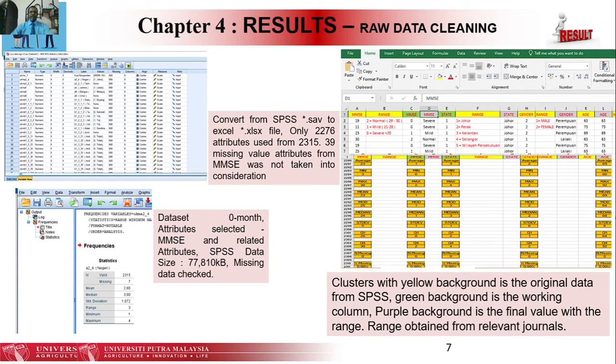From here, we have taken the data from SPSS and converted it to Excel format.